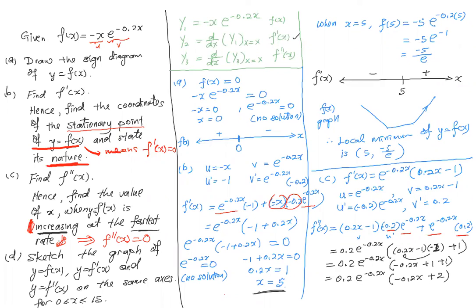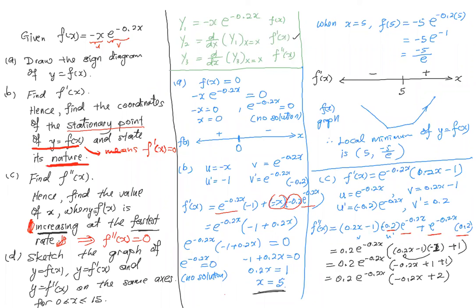When the rate of change is optimum, that is where the function is changing at the fastest rate.